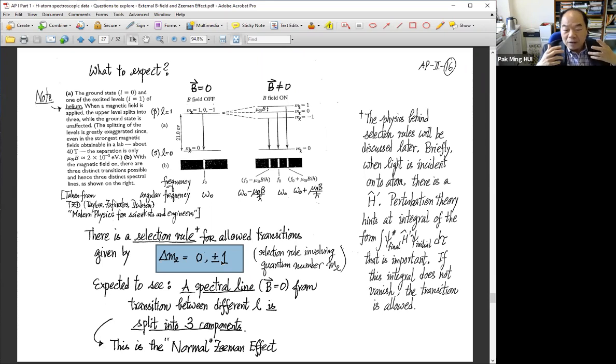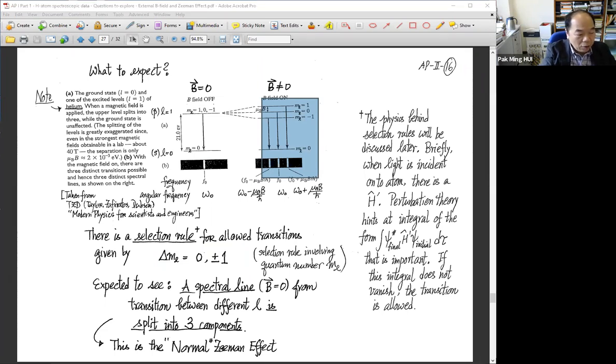So for the moment, I claim this selection rule on ML. Exercising this selection rule, we will have 1 line go into 3 lines. This is called the normal Zeeman effect. By normal, we mean it is the simplest mechanism.